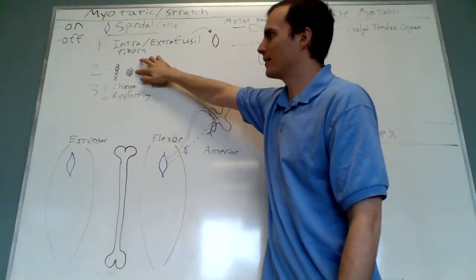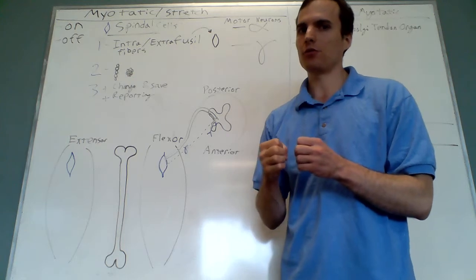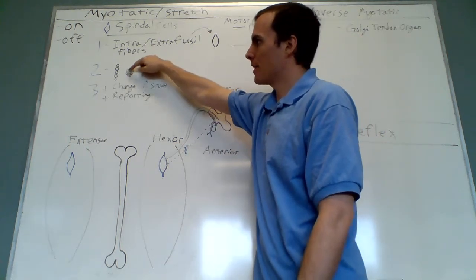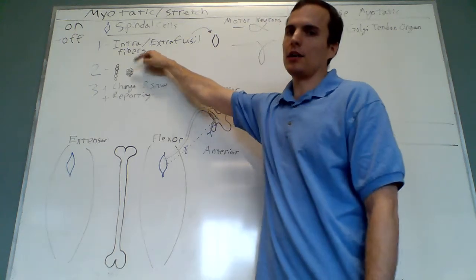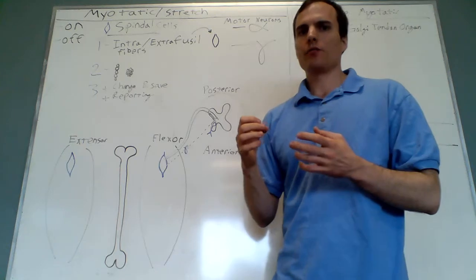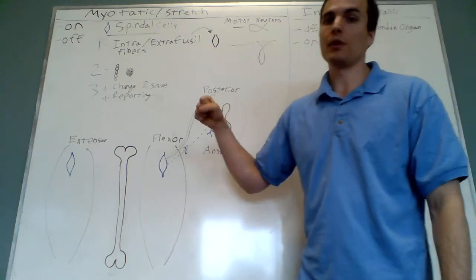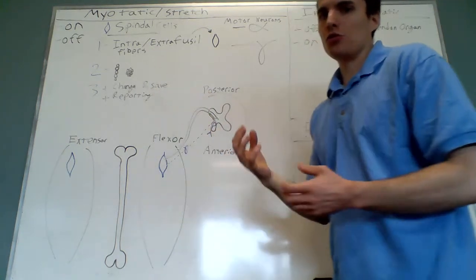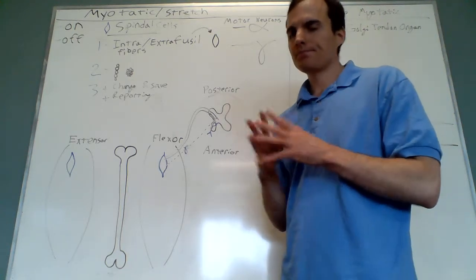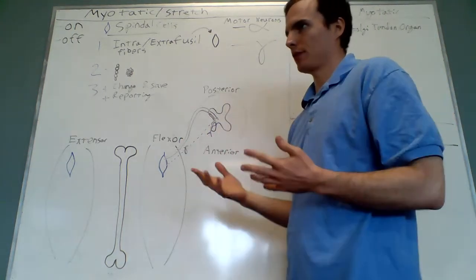There's also bag cells, another type of intrafusal cell. Bag cells are characterized by a clump of nuclei all together, kind of like a bag full of marbles, if you will, okay? And those two help each other to give two specific reporting responses.